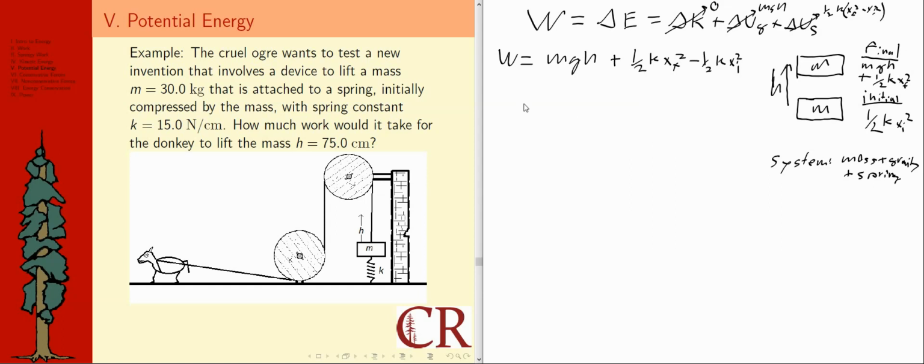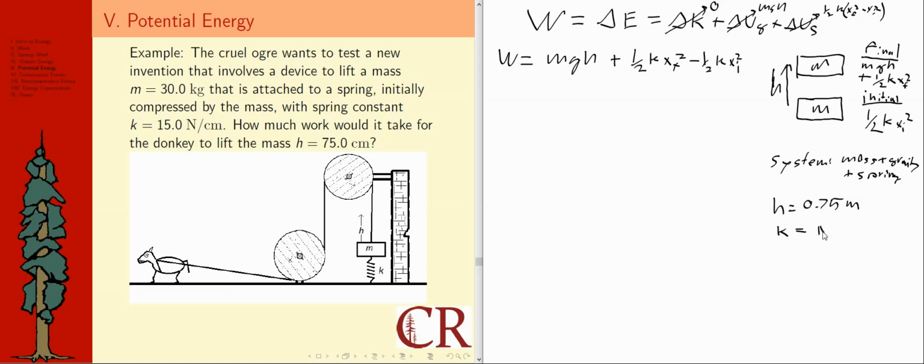So, okay, now I've got those formulas here. How do I proceed? Well, clearly h is equal to 75 centimeters. I'm just going to write that as 0.75 meters. Okay, so I've got that number. k, the spring constant, is equal to 15 newtons per centimeter.